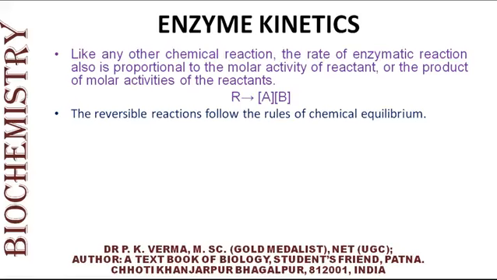The reversible reaction follows the rule of chemical equilibrium. You must have studied the law of mass action. In that case, the rate of reaction is proportional to the molar activity of the reactant.